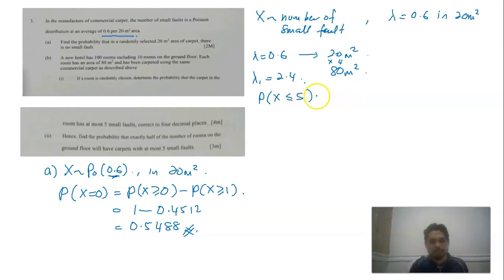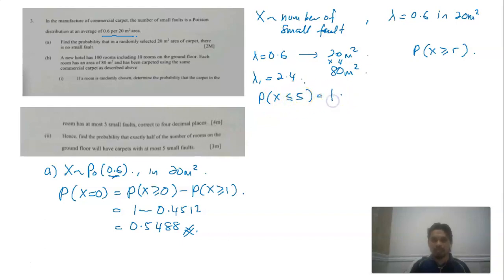By the way, this statistical book only provides us the probability of X greater than or equal to r. So this includes the probability of X equal to 0, 1, 2, 3, 4, including 5.